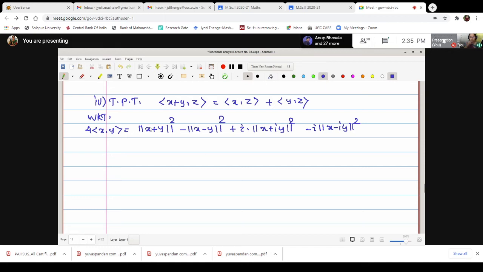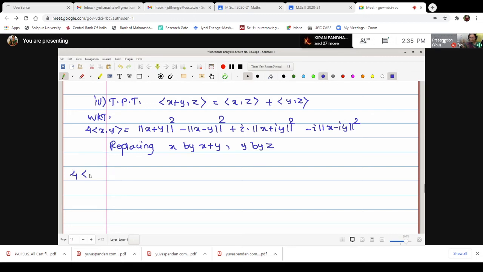We want to prove this. Therefore we will just try to replace this x by x plus y and y by z so that we can construct the left hand side. Okay, therefore shall I write replacing x by x plus y and y by z so that we will construct the left hand side.